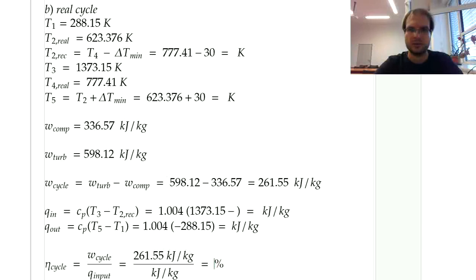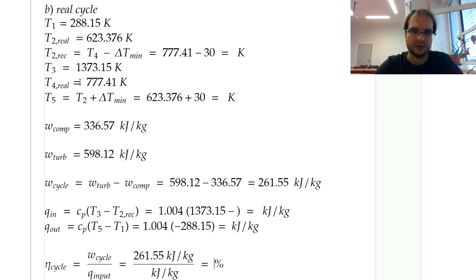Now let's have a look at the modification of the calculation of the cycle with real efficiencies of the compressor, expander, and with given temperature differences. So the temperature T1 stays the same. Temperature T2 after the real compressor stays the same as in the previous real compressor calculation. Now after the recuperation, temperature 2 recuperated is temperature T4 at the outlet of the turbine minus the minimum temperature difference.